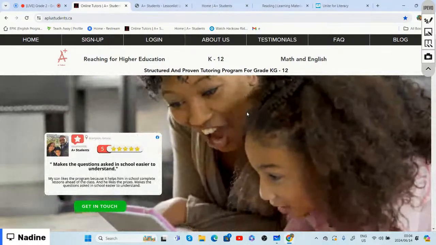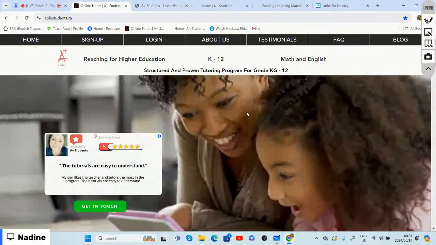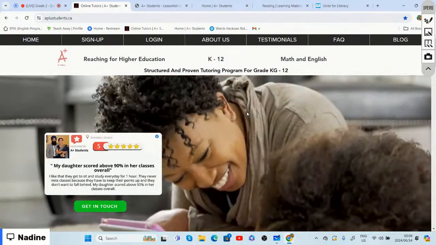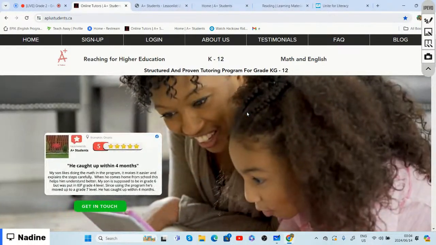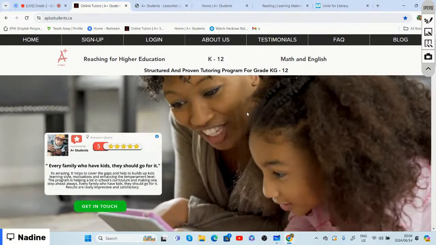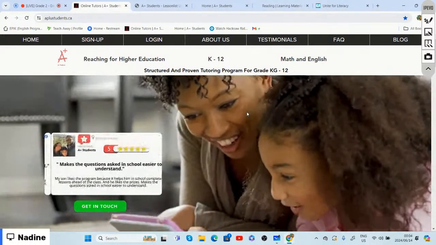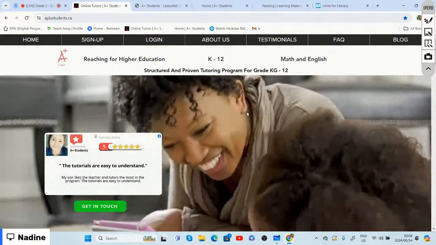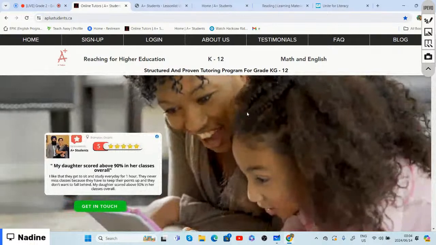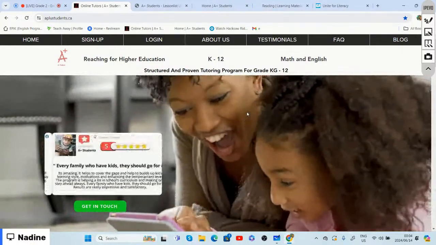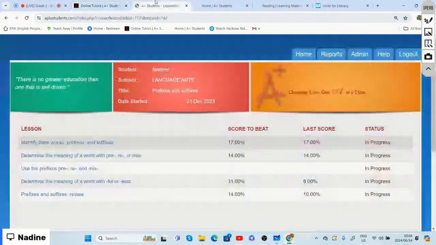Once we've logged on with our username as well as our password, we're going to select the subject of English Language Arts, grade 2. And then we're going to scroll down until we get to the chapter of prefixes and suffixes.